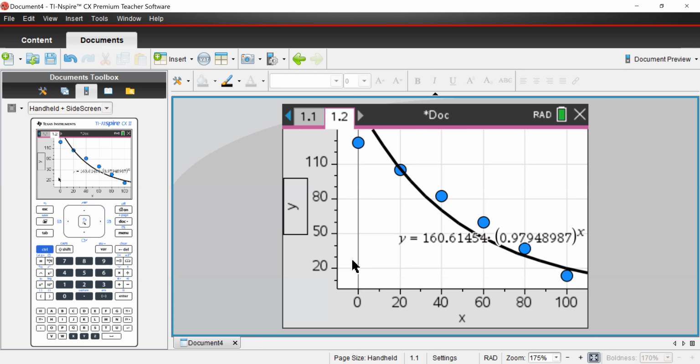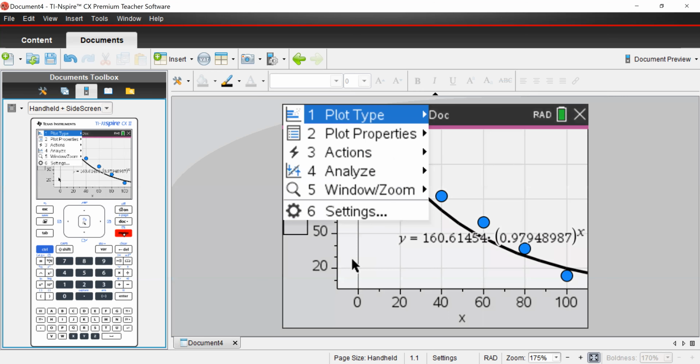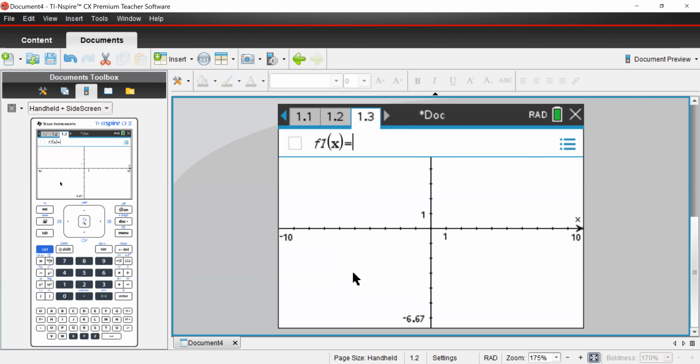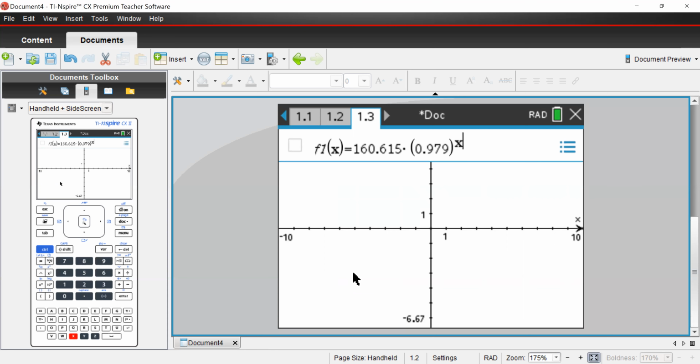But then when you actually write the equation for your data, it would look like this. Okay, so I'm going to do 160.615 times, open parentheses, 0.979 raised to the power of x.